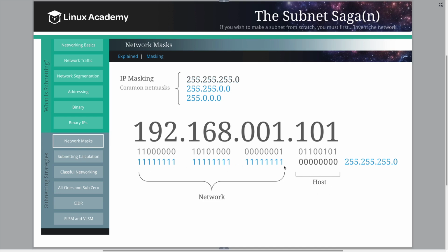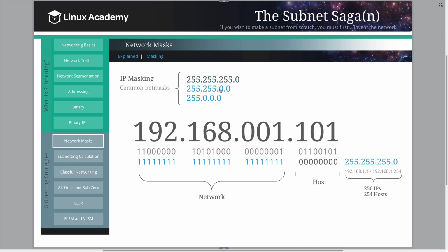The all ones masked off represents the network portion. And what we end up with is a range of 192.168.1.1 to 192.168.1.254. So we are not including the .0 for host assignment, and we're not including the .255 for host assignment. So it's basically the total number of IPs minus 2 to represent the first and the last.